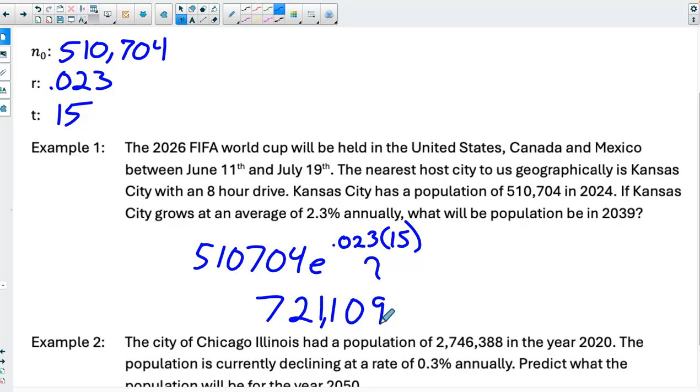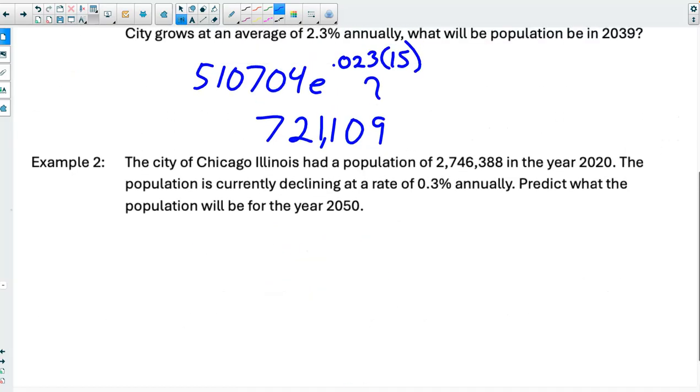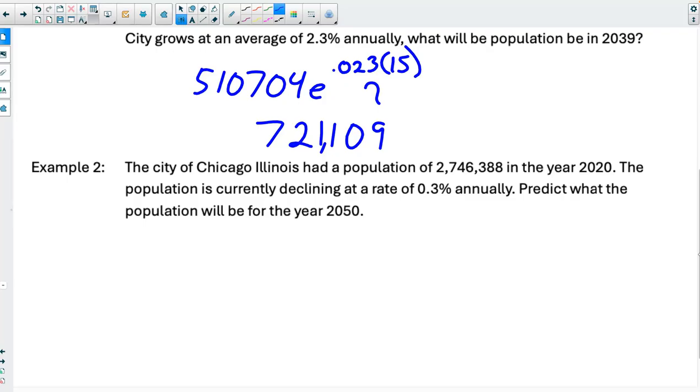Example 2. This one's kind of weird for you. So let's think about what this formula is saying to do. We're looking at Chicago, and it has this population right here, about 2.7 million in the year 2020.